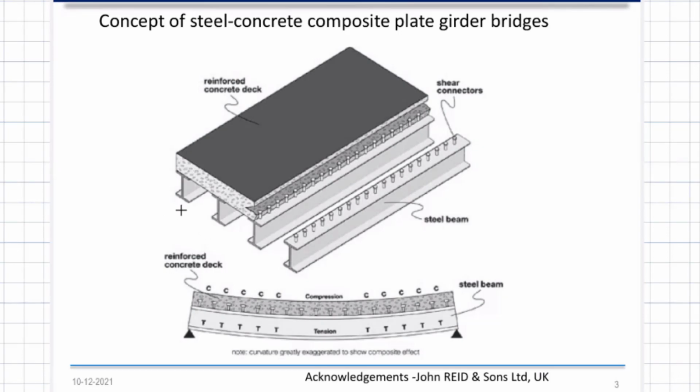So you have a series of plate girders, usually five, four, or three, depending on the number of spans that you are going to build. You can adjust the number of plate girders. Normally, about 2.5 meters is the spacing of these plate girders.